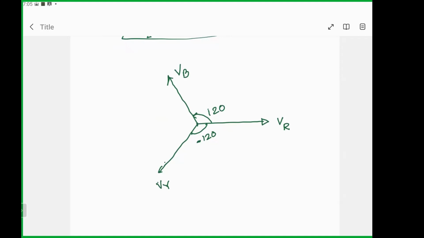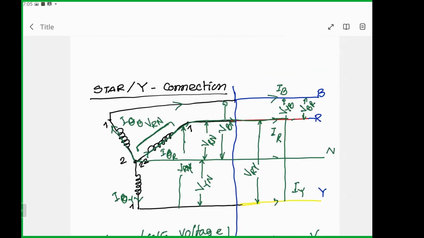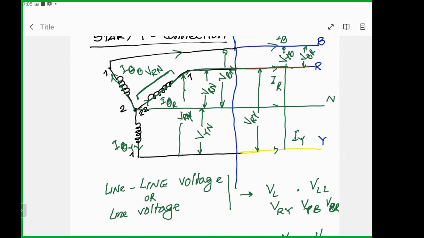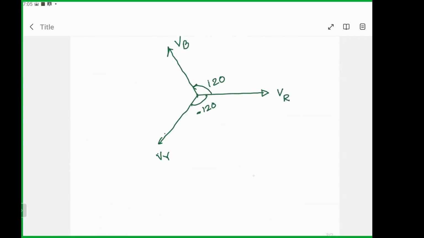Now we can find out the phase voltage. Let us trace the connection of my supply.